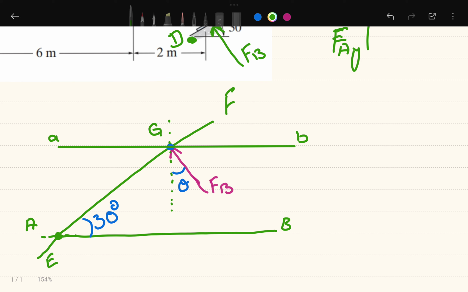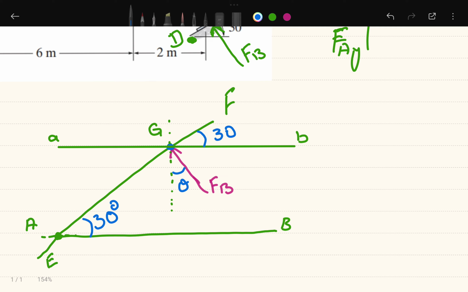That would mean that whatever this angle is, the 30 angle shown here, this angle will be equal to this angle right here using the alternate angle theorem. So this will also be equal to 30.